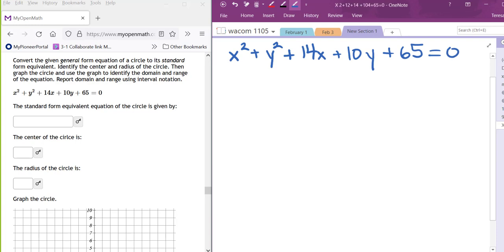So we're going to complete the square twice. We will gather up the x terms. So we have x squared plus 14x, right? And here we're going to have to add a number, right? And then we'll gather up the y terms, y squared plus 10y plus our number. We're going to move the 65 to the other side.